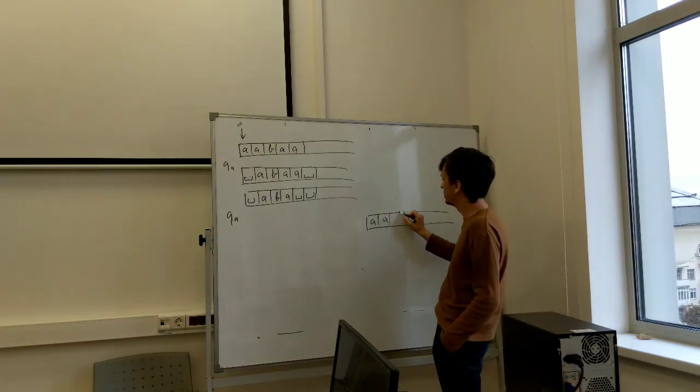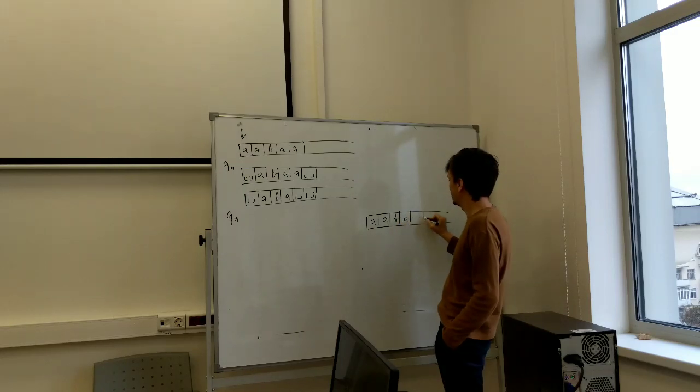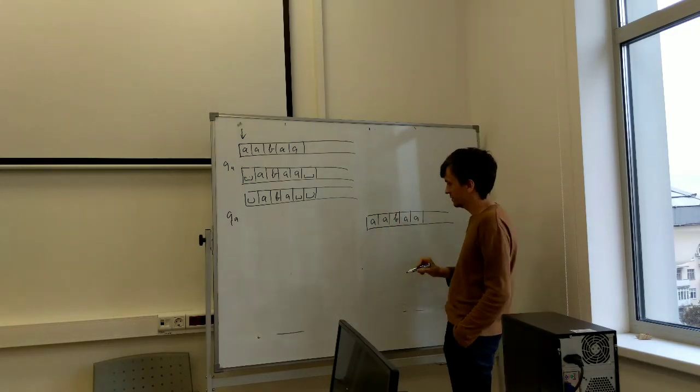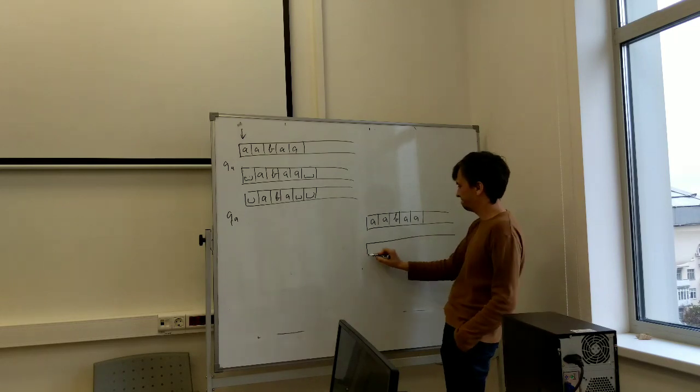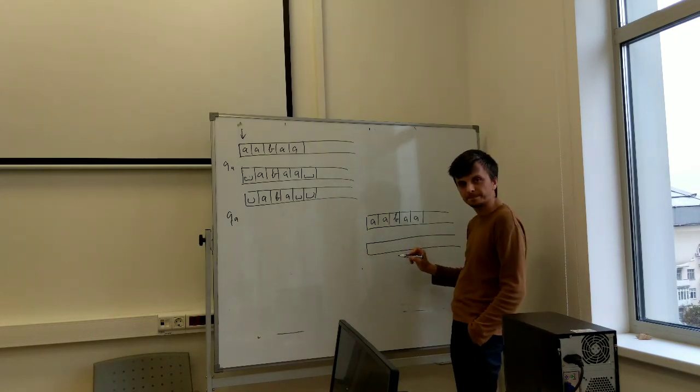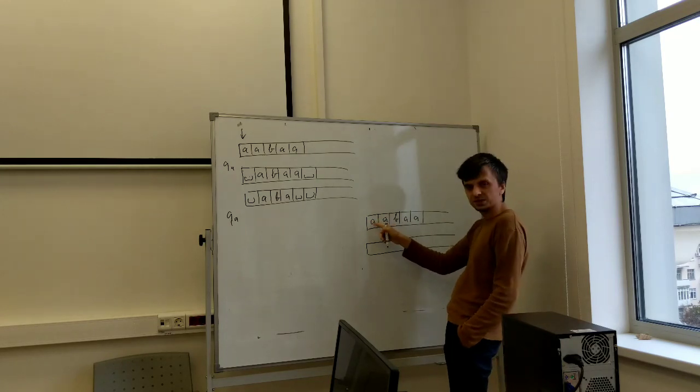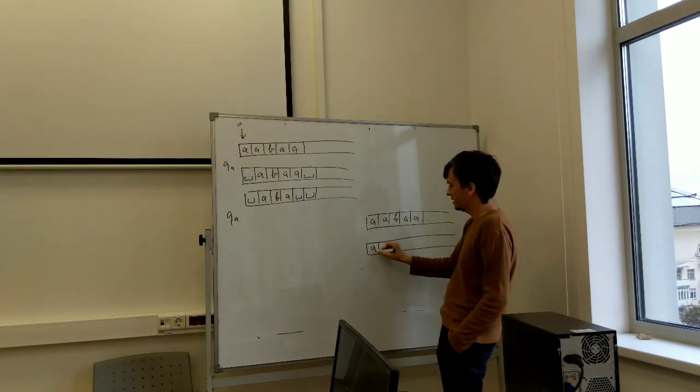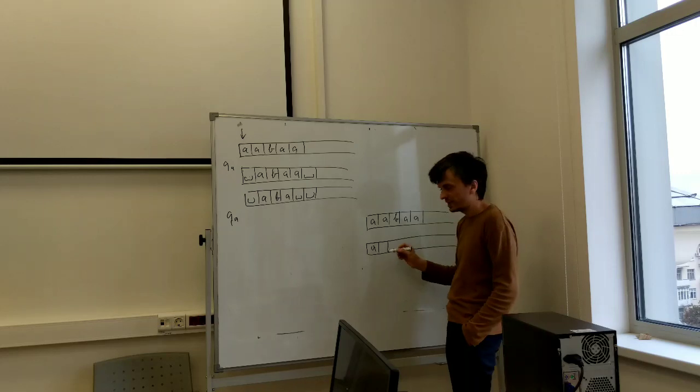Yes. On the second tape, we go to the end of the word. So you mean first you copy this word here, right? Yes. And you need O(n) time to do that.